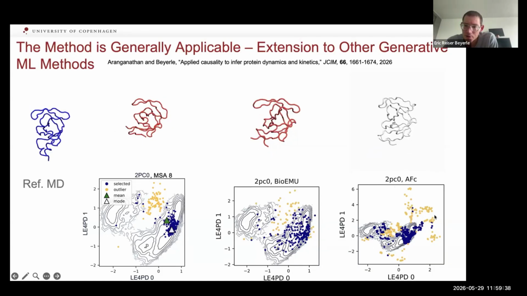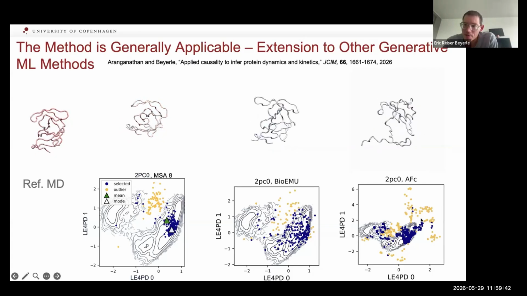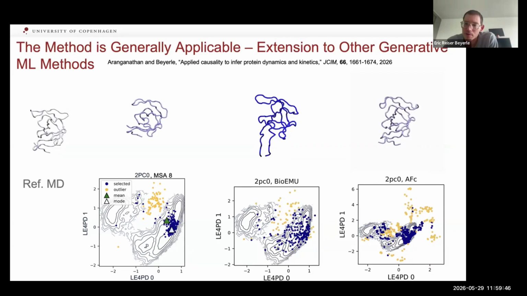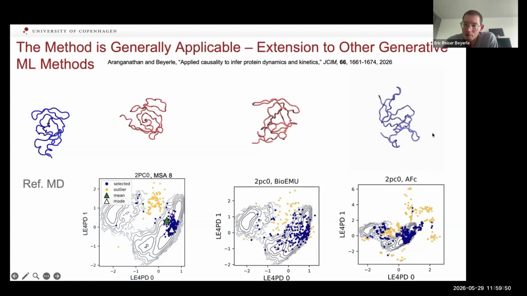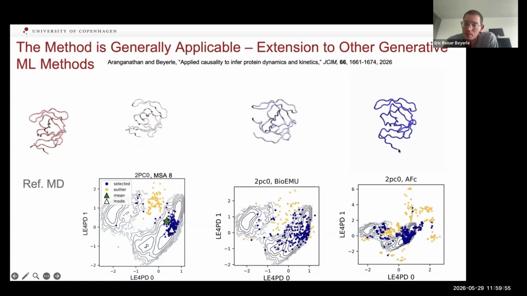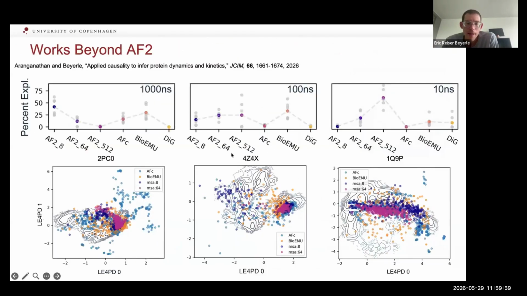But one thing to note is that AF2 cluster is spanning a much longer time scale. Well, we don't know if it's spanning a much longer time scale than the 1 microsecond time scale, that's something we still have to look into, or if it's generating a lot of unfolded structures that may or may not be realistically seen in experiments.